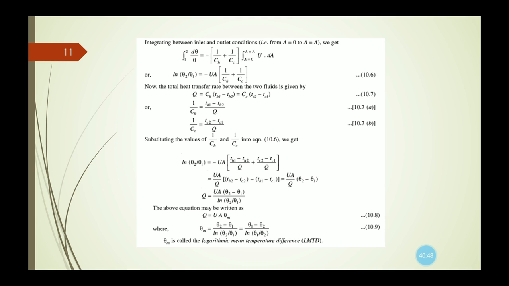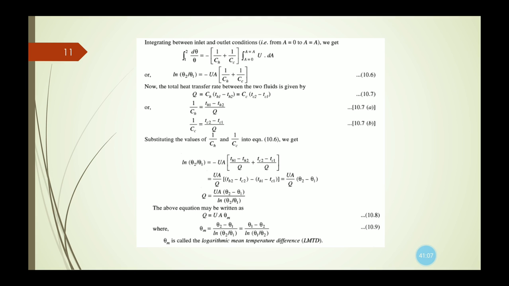Now substituting these values of 1 by Ch and 1 by Cc in the earlier equation 10.6, after some steps we get Q equals UA (theta 2 minus theta 1) divided by ln theta 2 by theta 1.